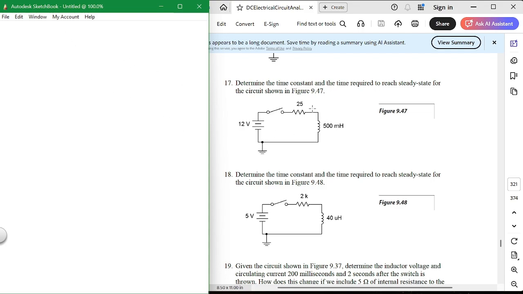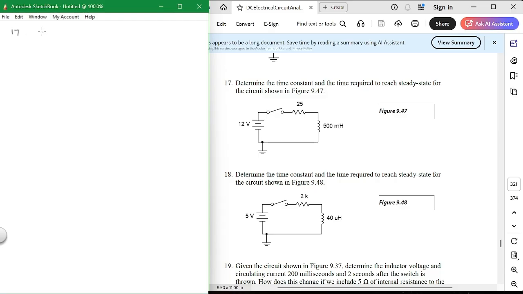In this case, we're asking for the time constant and the time to reach steady state for the current below. So now we're asking for the equation for what? He doesn't even say it, but it's the current, right? For capacitors, you solve for voltage. For inductors, you solve for current.